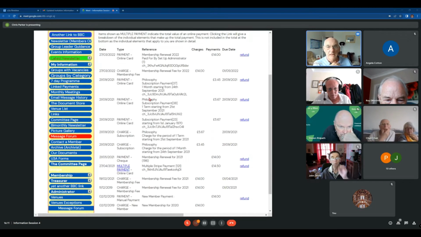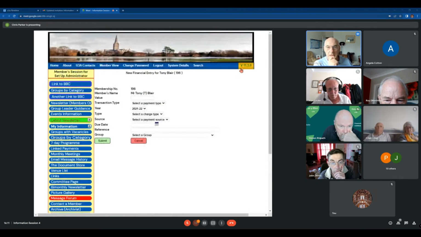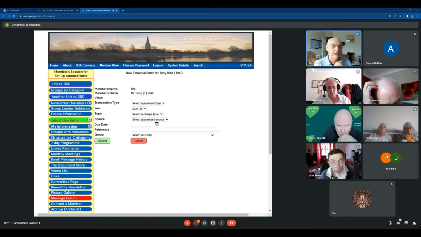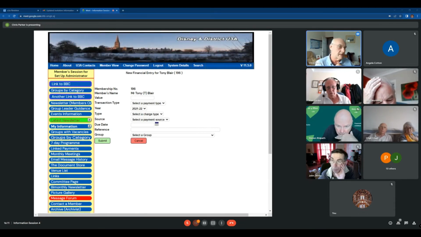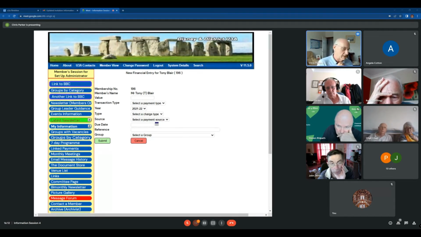So it still comes in the same. You can still put entries in and assign them to a group. Something I should have said was that if you put the group in when you're doing it, you're making a group payment, that will appear in the group payments analysis, which is on the group list. So by making it there, it does appear in the rest of the system as well.